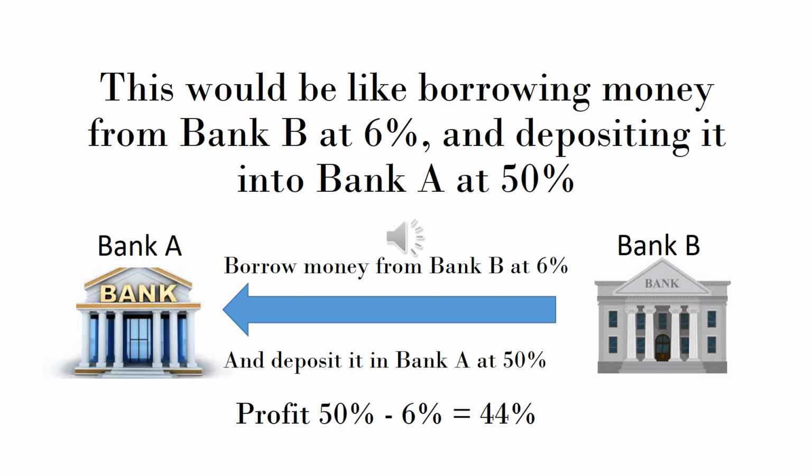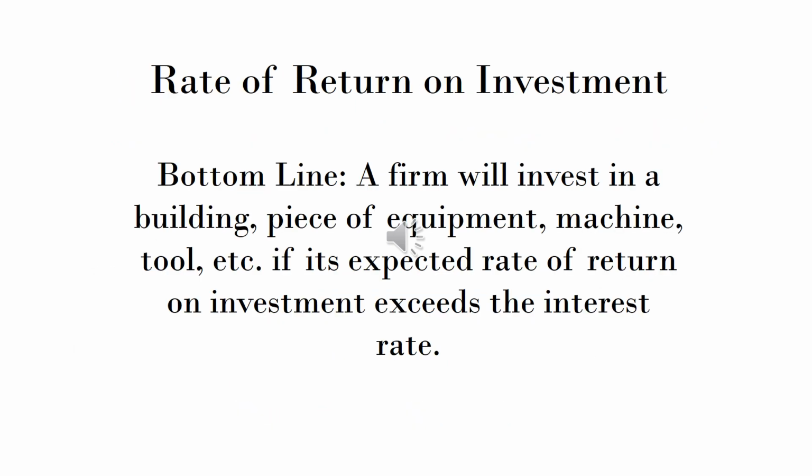The profit would be 50% benefits minus 6% cost, 44%. Bottom line, a firm will invest in a building, a piece of equipment, a machine, or some tool if its expected rate of return on investment exceeds the interest rate.